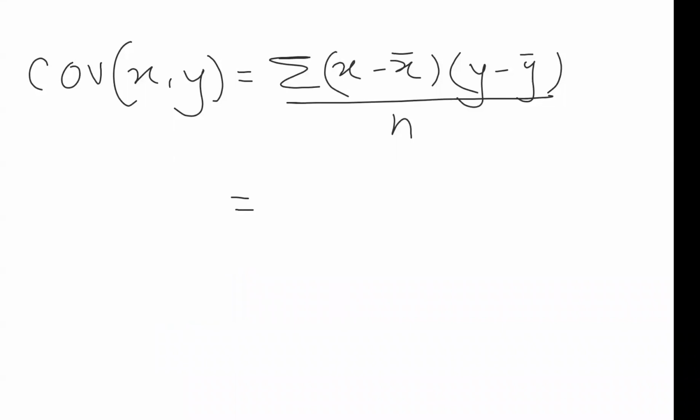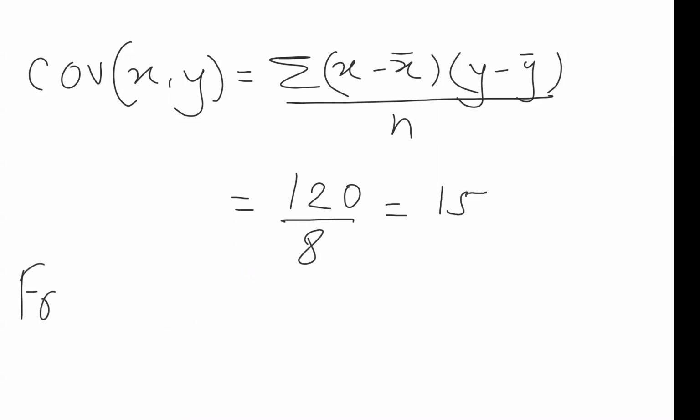So summation (x minus x bar) into (y minus y bar) is equal to 120 upon n. N is equal to 8, it's given in the problem, and 120 upon 8 is equal to 15, right?